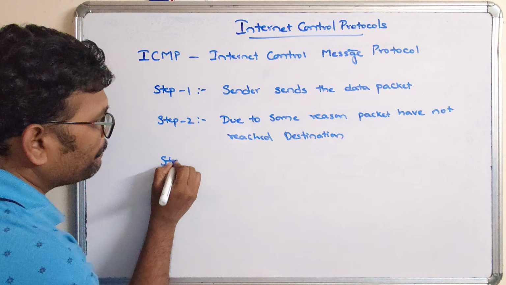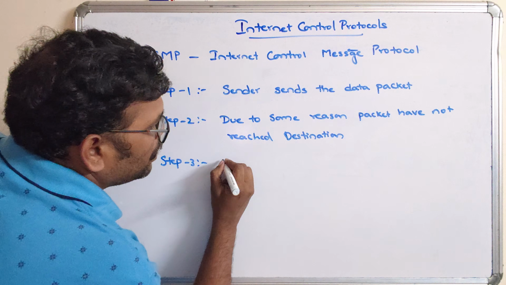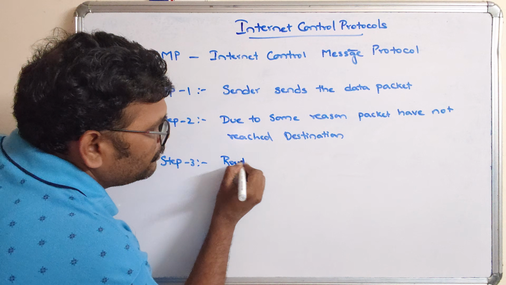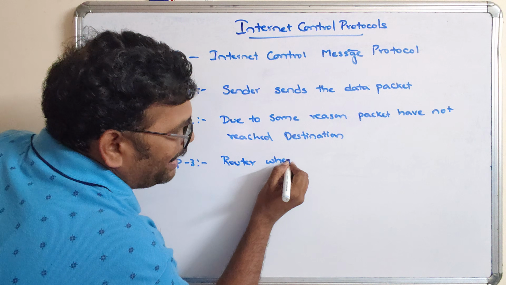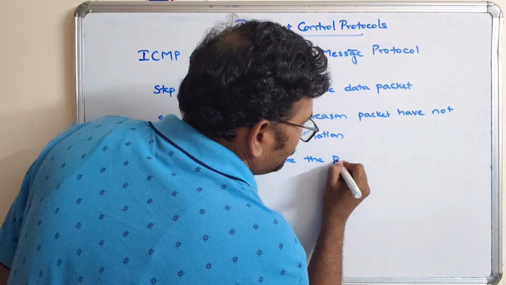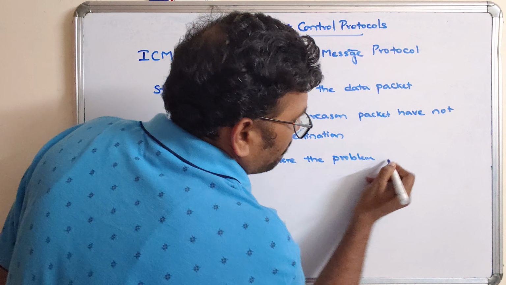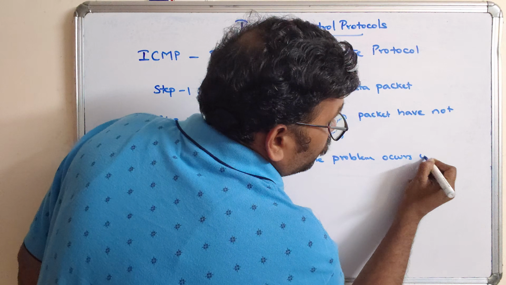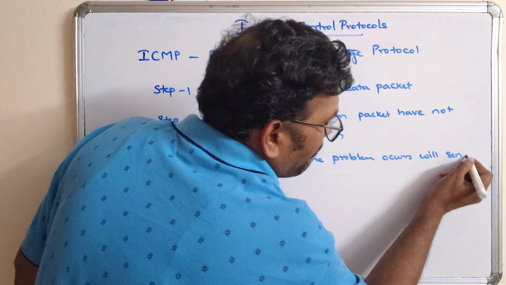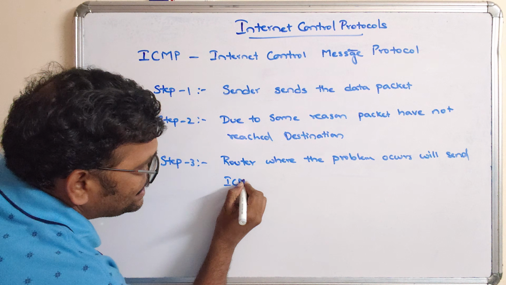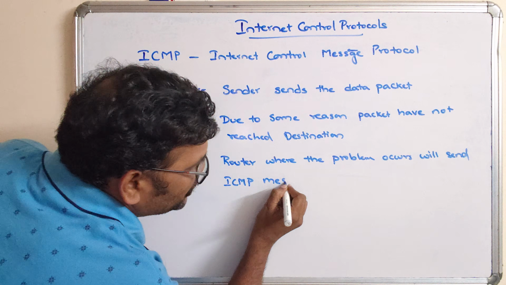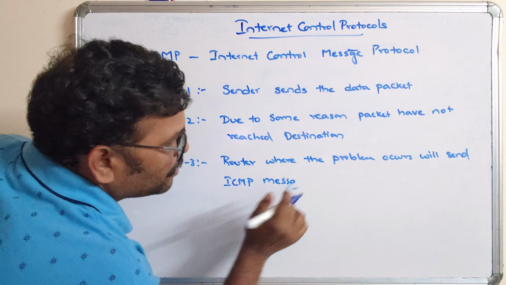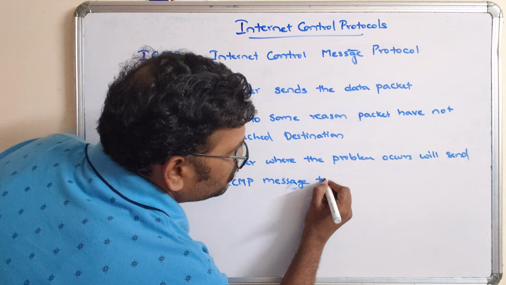Immediately, step 3, the router where the problem occurs will send an ICMP message to the sender.